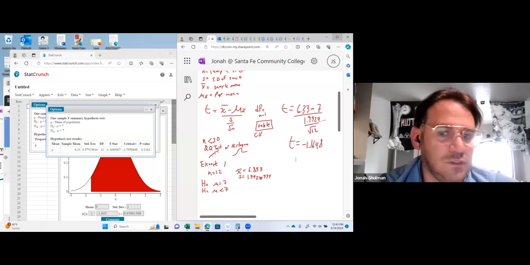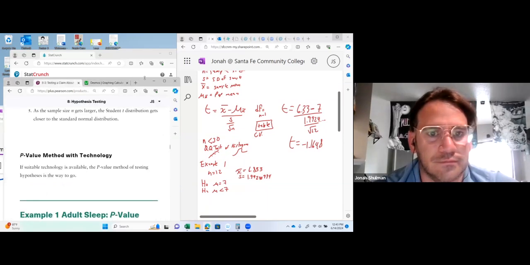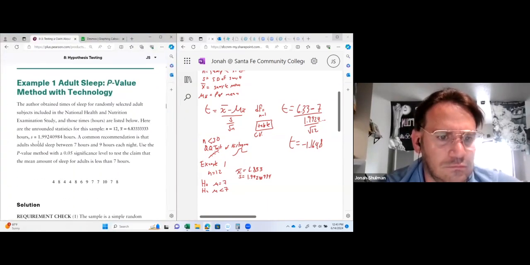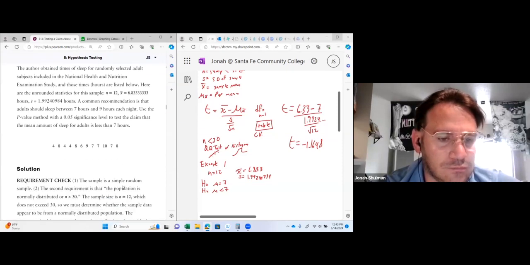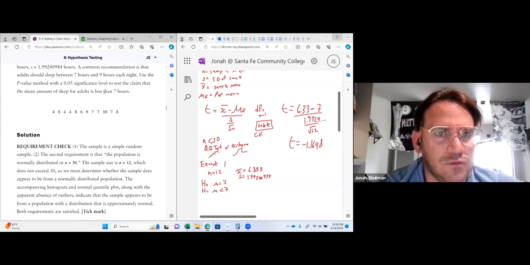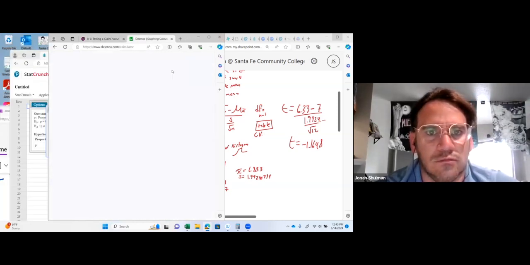All right, let's make sure this is all correct. I think I got it. Oh, they give us the values? That's cool. I didn't know we had the values. So let's check it.